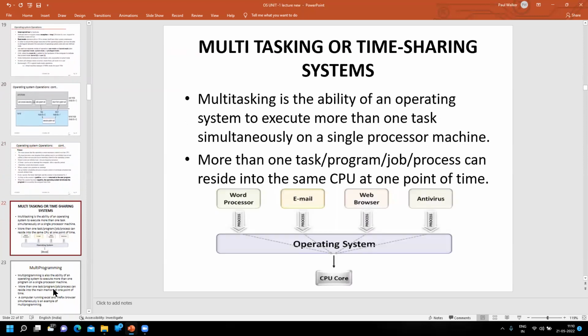Another important feature of the OS is the multitasking environment. Multitasking is the ability of an operating system to perform more than one task at a single point of time, and the tasks reside in the memory. For example, if I am a computer user, I am simultaneously opening 4 different types of applications, for example word processor, email, web browser, and antivirus.